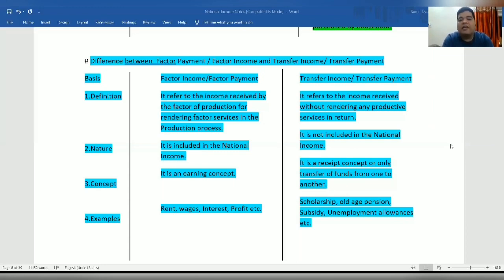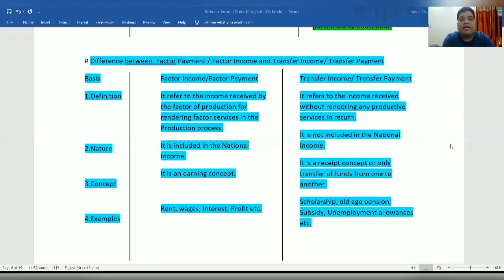But when I talk to you regarding the transfer income or the transfer payment, it refers to the income received without rendering any productive services in return. For example, pocket money received from the parents. We are not providing any productive services in return to our parents.